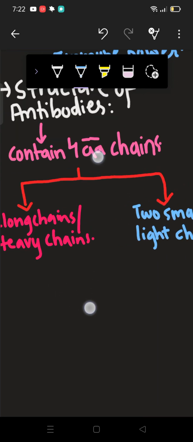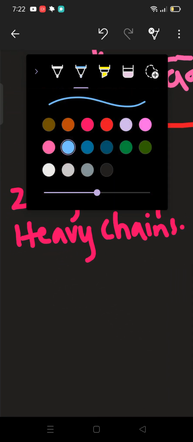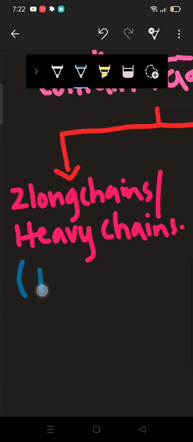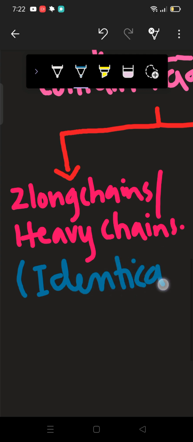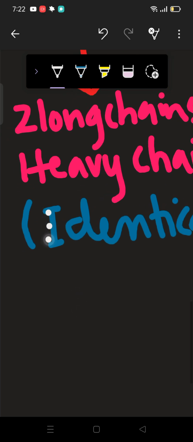However, these 2 long chains or heavy chains are identical to each other. Let me decorate it first, so it can attract you towards it.